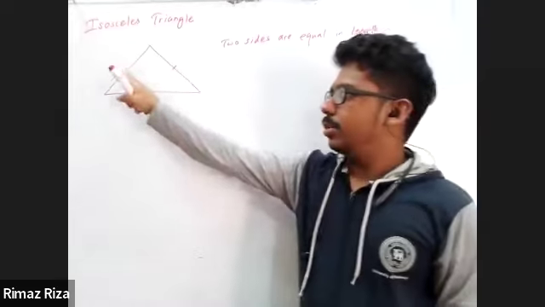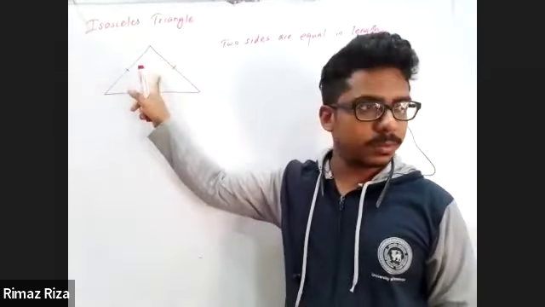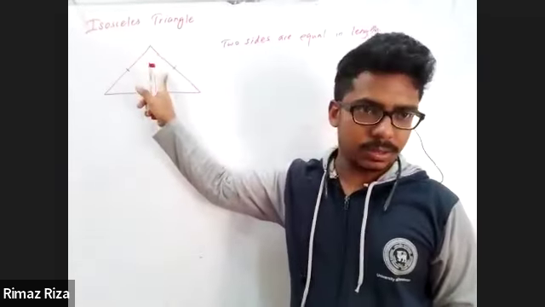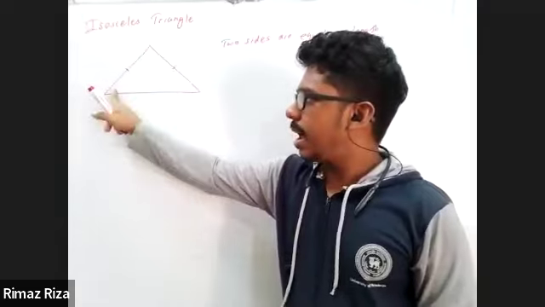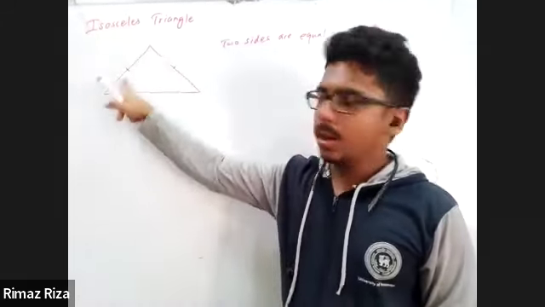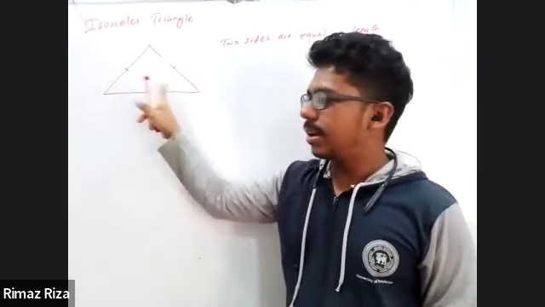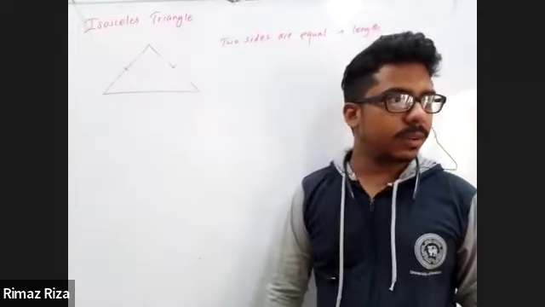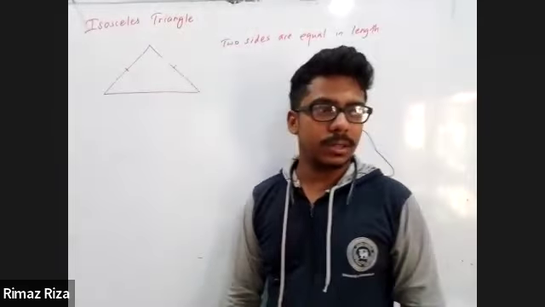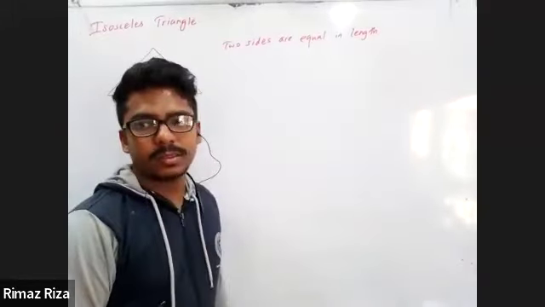Now you can see for an isosceles triangle, the lengths of two sides are equal. The opposite angle for this side is this, and the opposite angle for this side is this. These opposite angles are equal to each other. That is the only theorem that you study about the isosceles triangle.